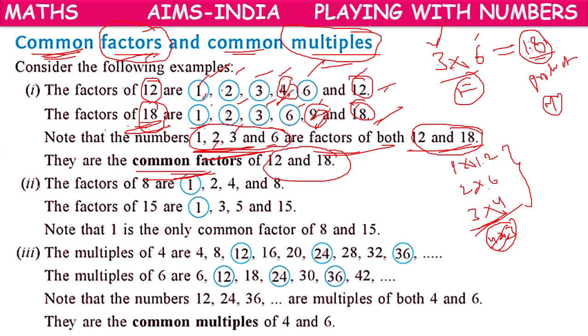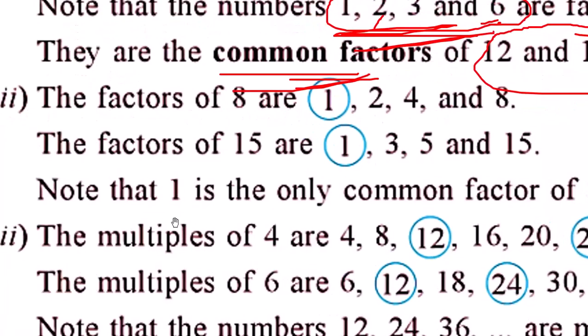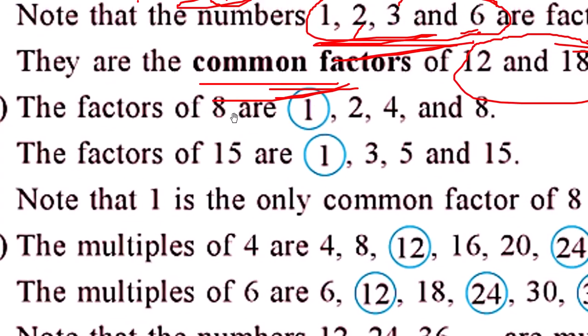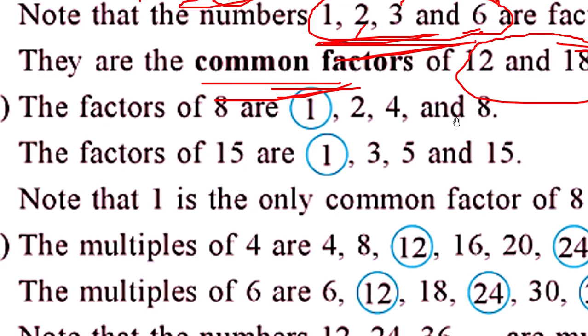In the same way, let's check another example. The factors of 8 are 1, 2, 4, 8. The factors of 15 are 1, 3, 5, 15. Which one is common in both?